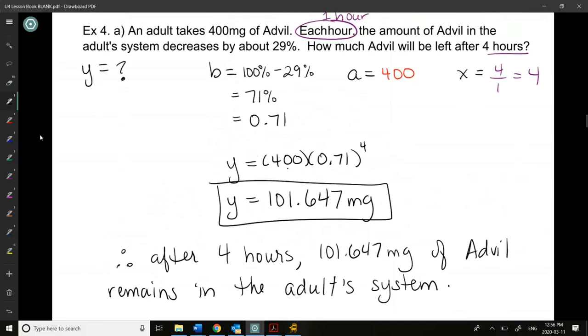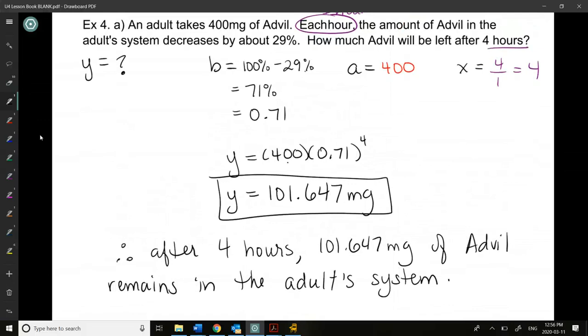Okay, so you can imagine that calculations like this are important, especially in the field of pharmacy. Why would it be important to know how quickly Advil decays within a typical adult system? George? Yeah, on the back of Advil bottles it says you can take 2 capsules every 6 to 8 hours.